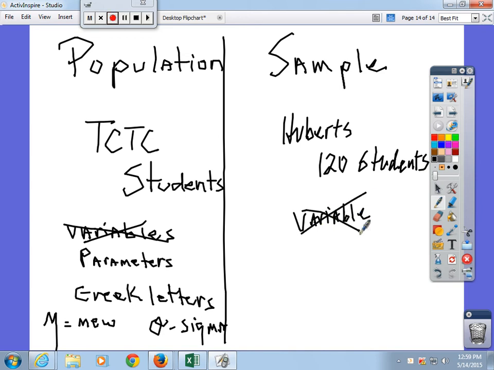We're going to use statistic with a little s. These are not variables, we don't call them variables. They're going to be just regular letters.